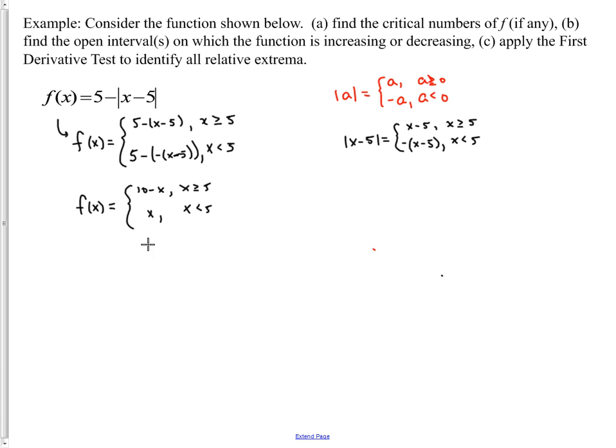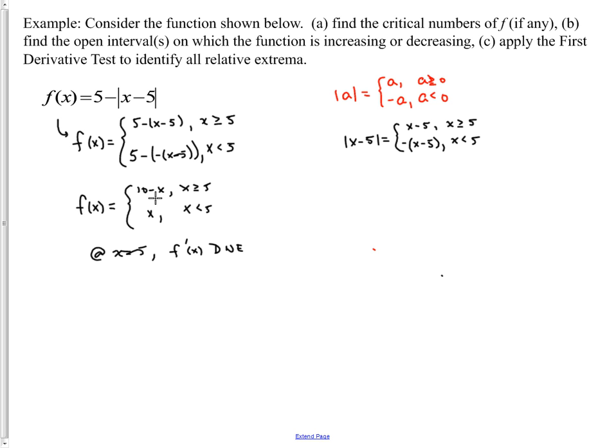Well, we know that at x equals 5, the derivative will not exist. Why? Well, the answer is that change in behavior.